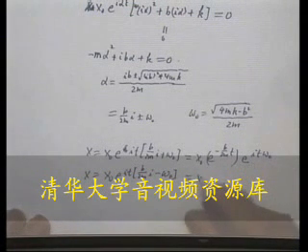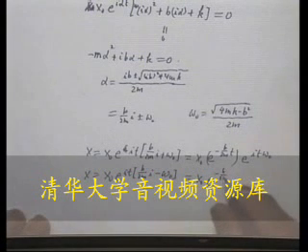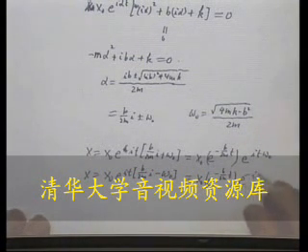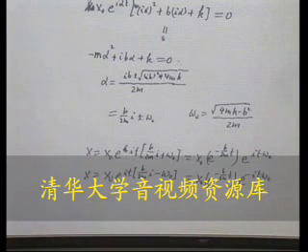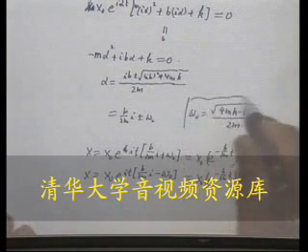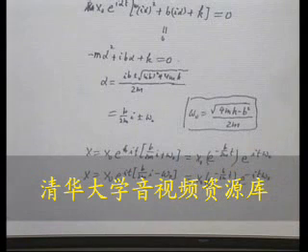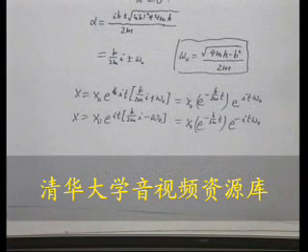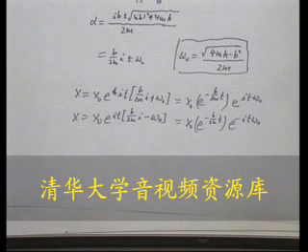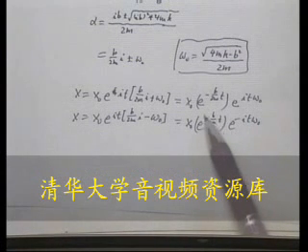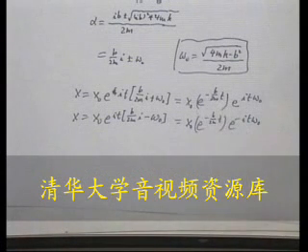This one is equal to x0 exponential minus b over 2m t times exponential minus i t omega 0. So I get two solutions. Both of them have a real damping term.